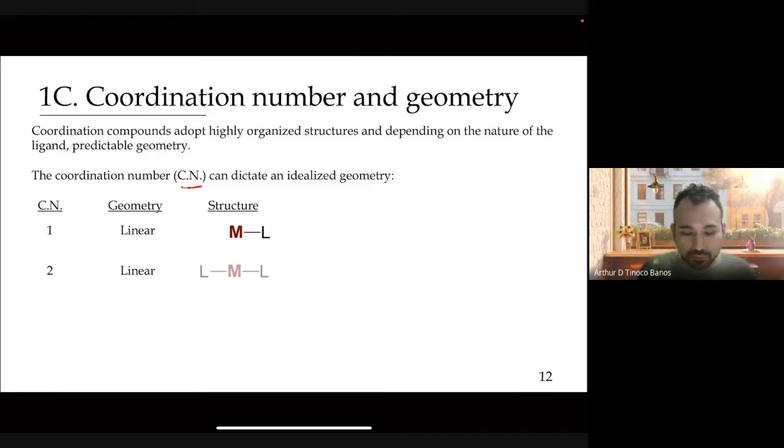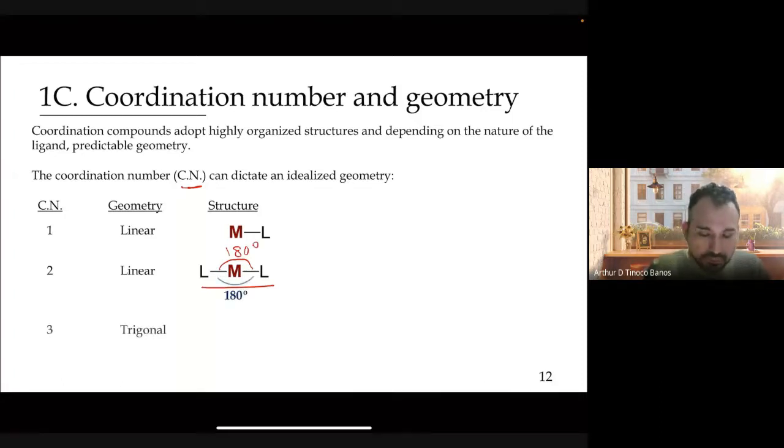In terms of a generic representation, what you have is the interaction of the 2 ligands with the metal center. And so what you have then is a ligand-metal-ligand bond angle of 180 degrees, right? So again, an idealized representation, assuming that the 2 ligands are identical.